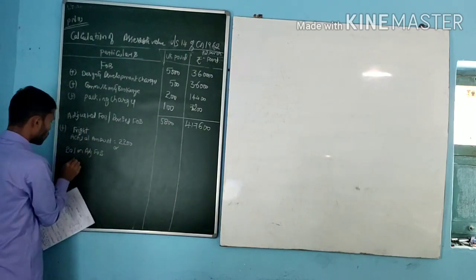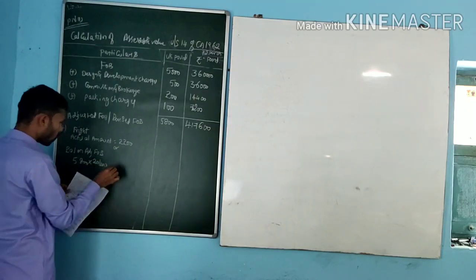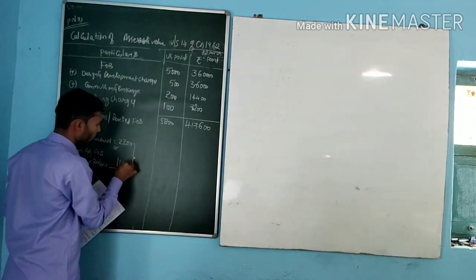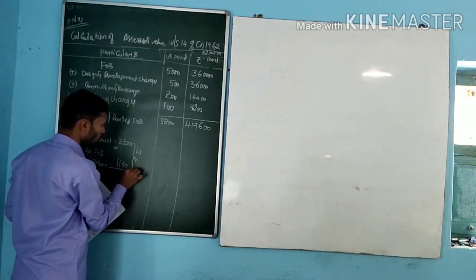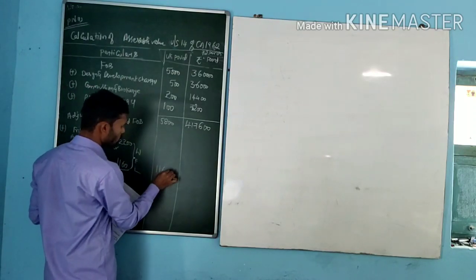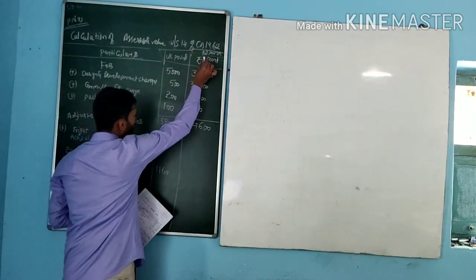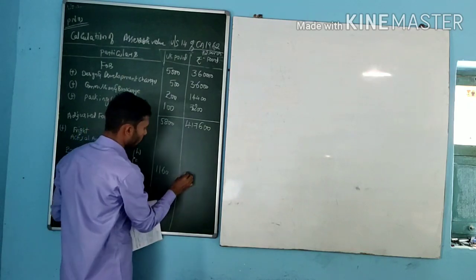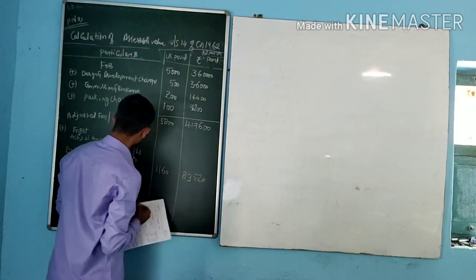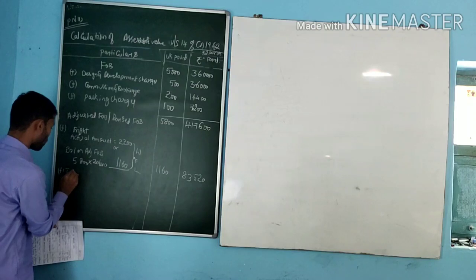Adjusted FOB 5,800 into 20%, that is 1,160, is the 20% FOB. Whichever is less will be taken for the freight amount. 1,160 is the lower amount, into 72 per UK pound, then we convert to Indian rupees: 83,520 rupees.